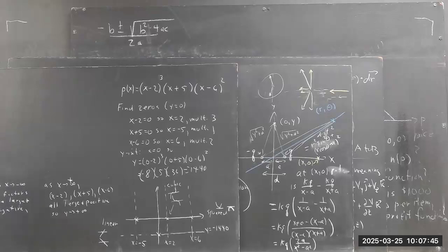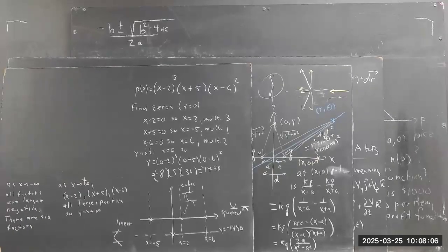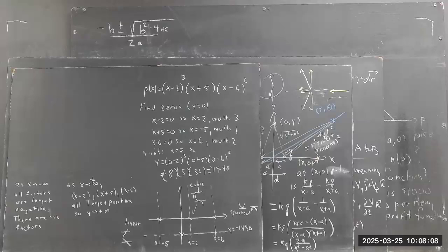Factors are large and negative. There are 6 factors. Okay.